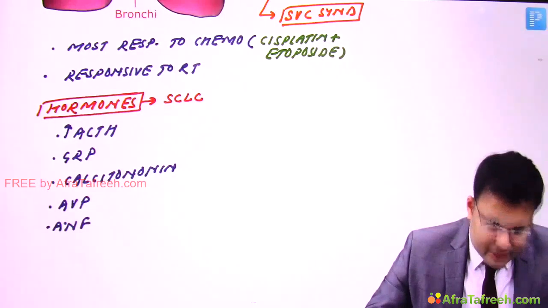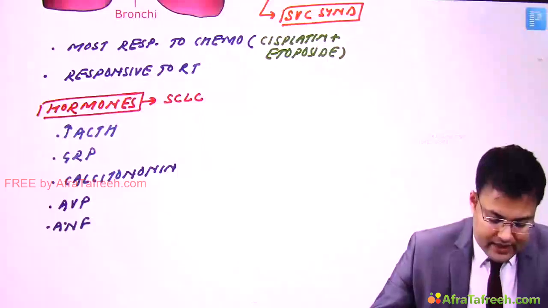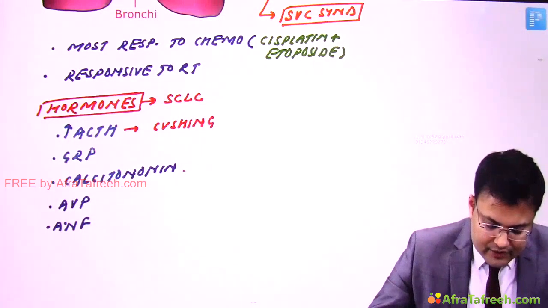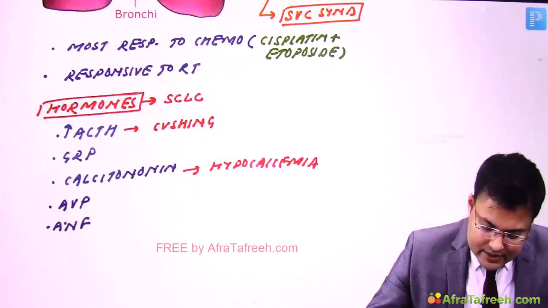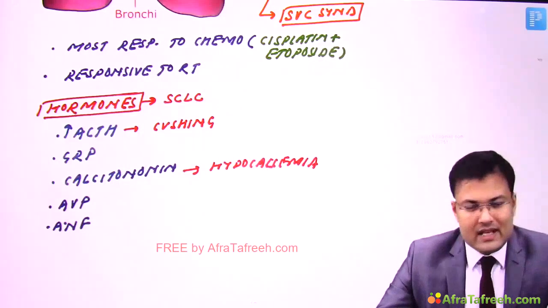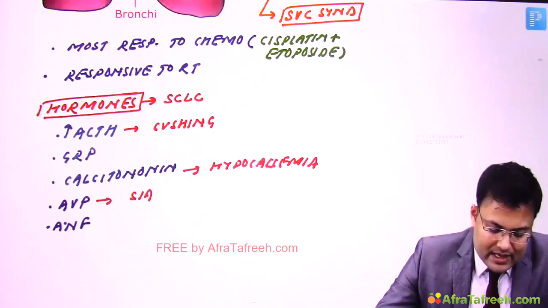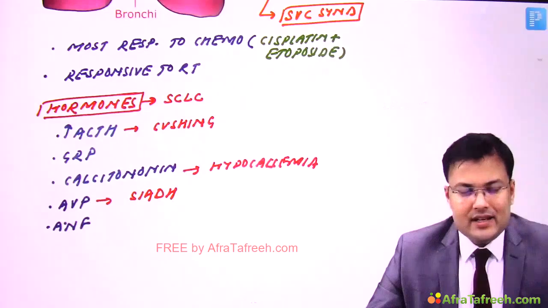Because of increased ACTH, there can be Cushing syndrome. Because of calcitonin, these patients may develop hypocalcemia. And if there is increased secretion of arginine vasopressin, that is antidiuretic hormone, there can be SIADH, syndrome of inappropriate ADH secretion.